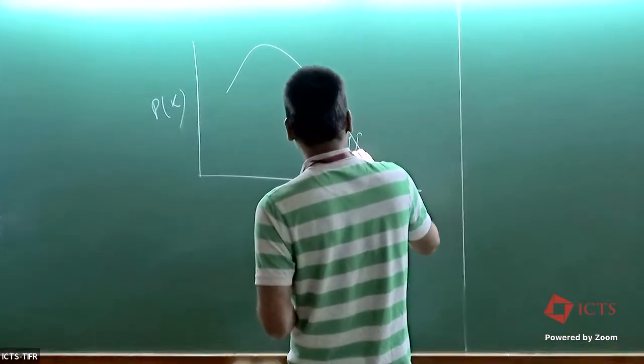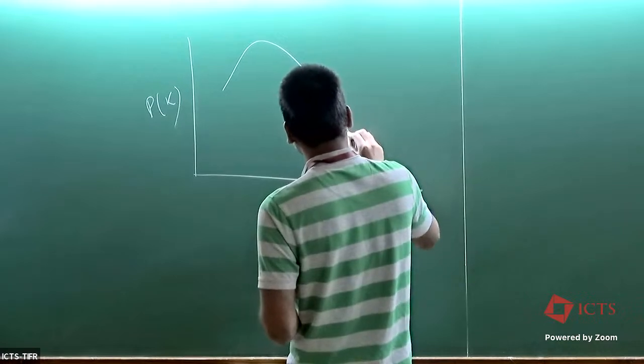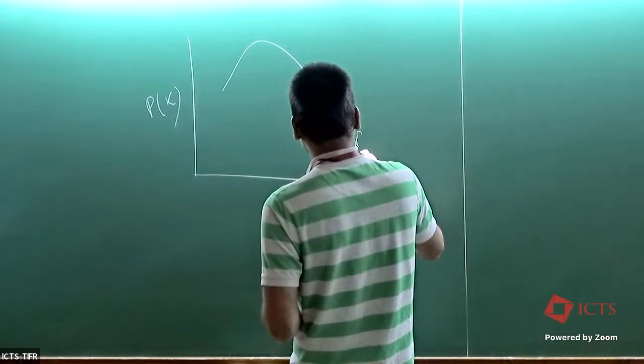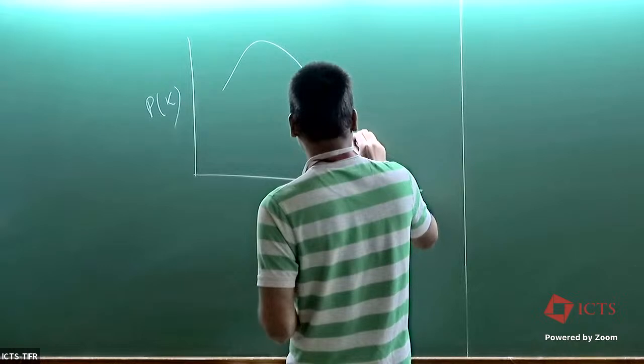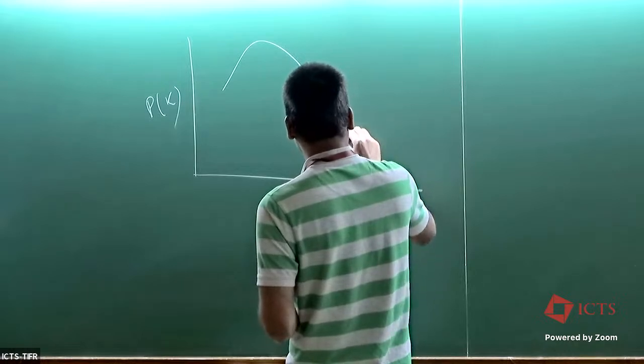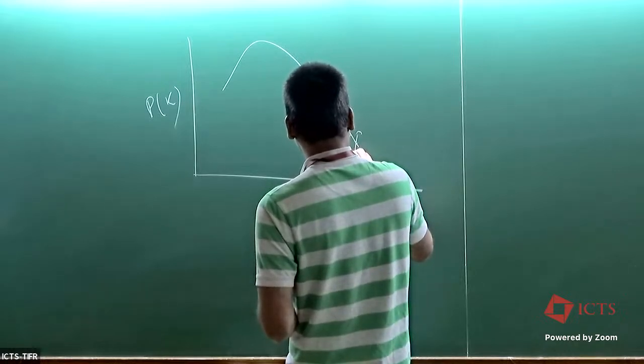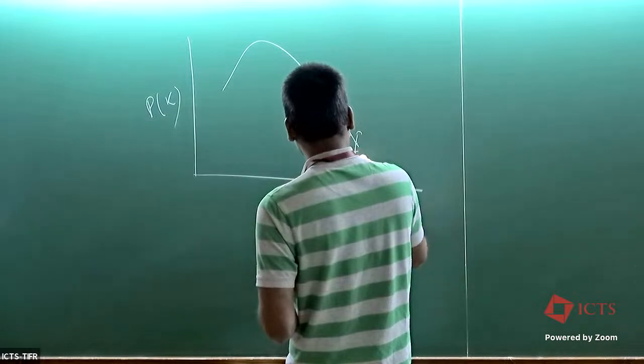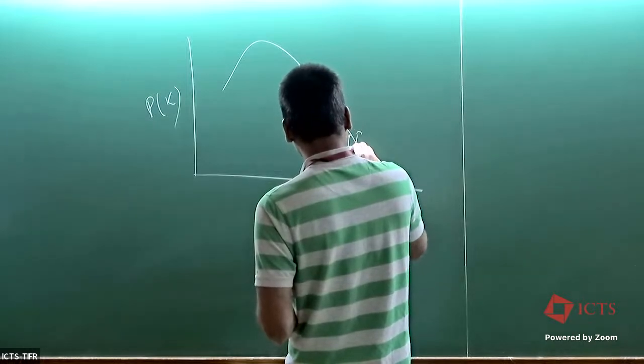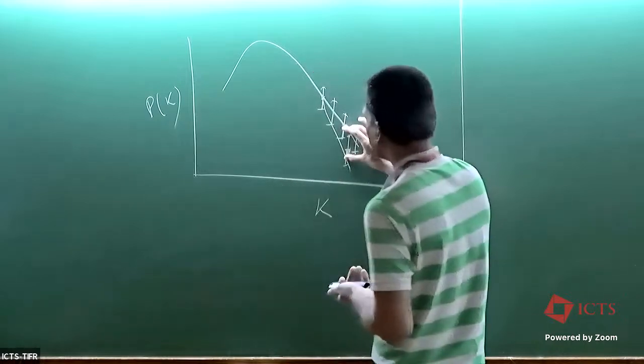If you want to put a lower limit on this amount of suppression, then whatever value you're looking at, at that value this error needs to be smaller than this difference.